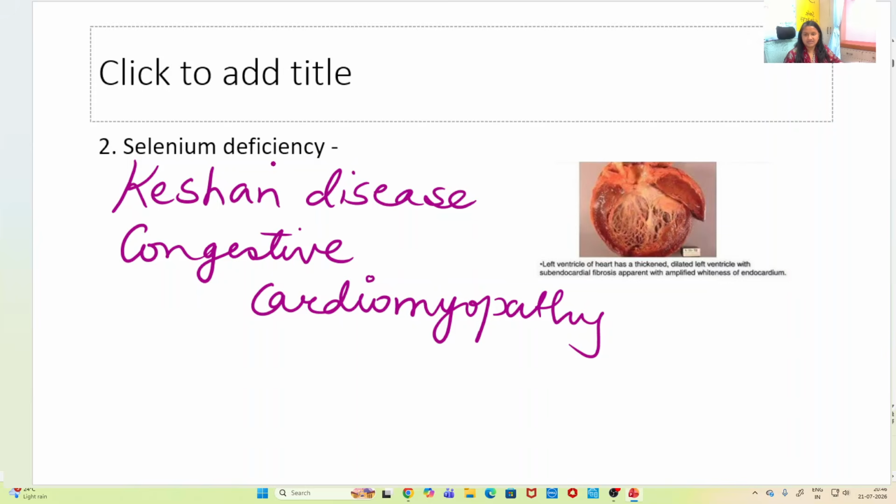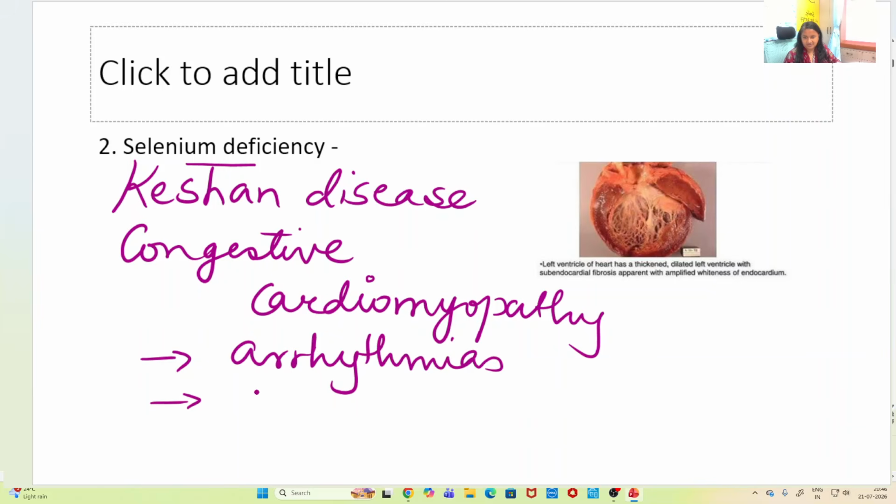First of all, selenium deficiency. Why does this occur? The soil is deficient in this mineral, and this happens in some areas in the world where the soil does not contain enough selenium. Now what are the things it is going to cause? It can cause arrhythmias and cardiac failure, and this is a fatal cardiomyopathy.